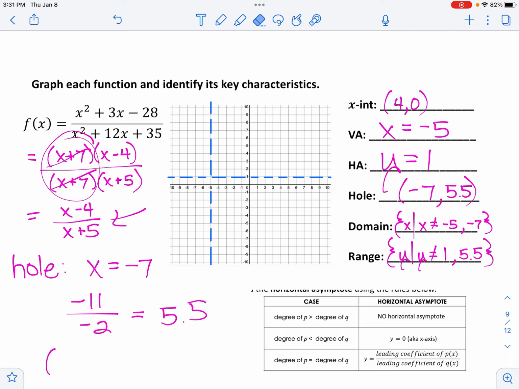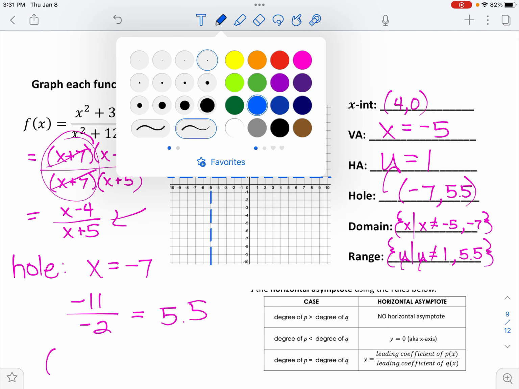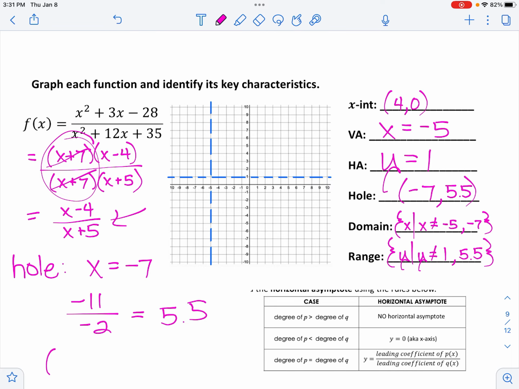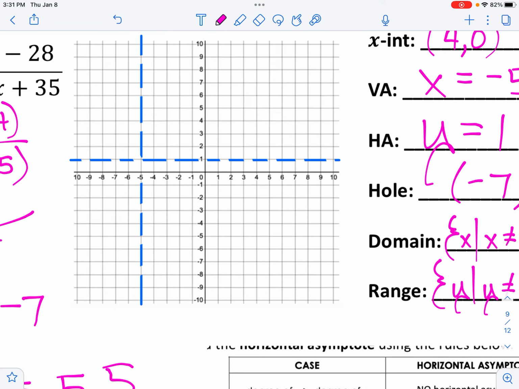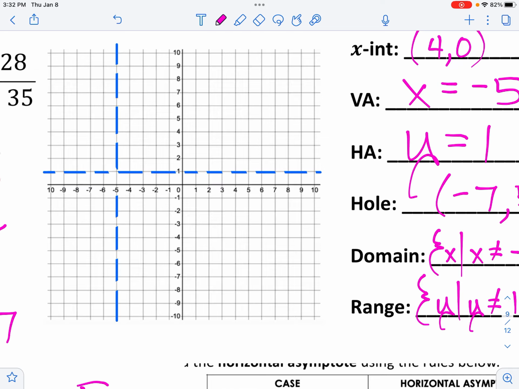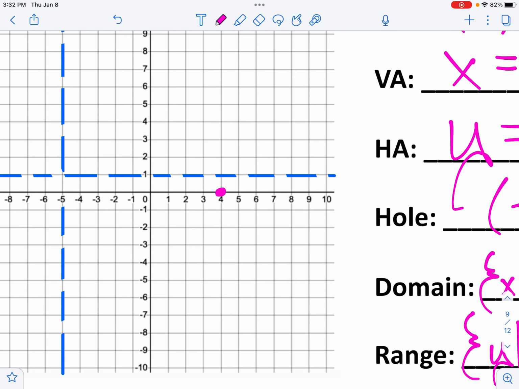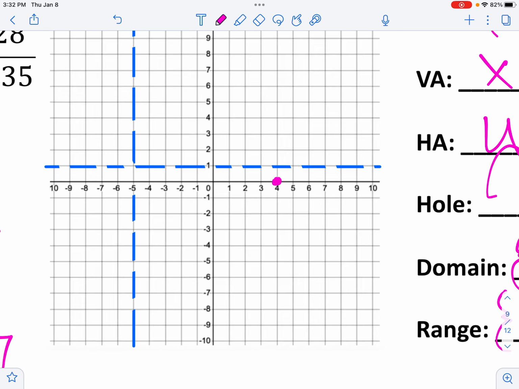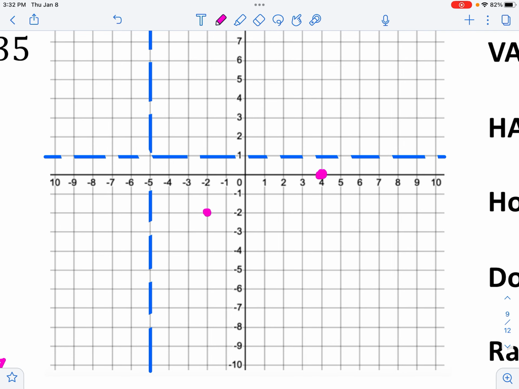Okay, cool. And then I want to graph some stuff. All right, so I know I have an x-intercept of 4, 0. Okay, and then I also have another one. Another point would be this right here. And then I'm just going to draw that branch. That gives me good enough.